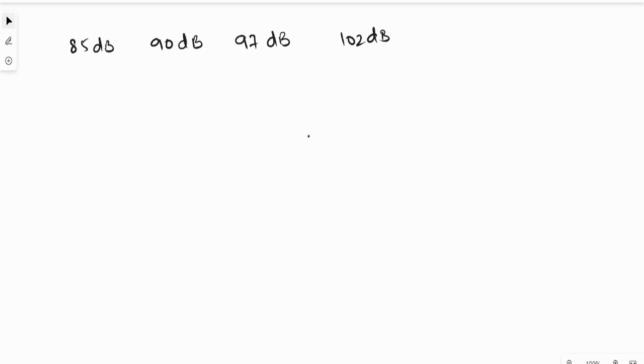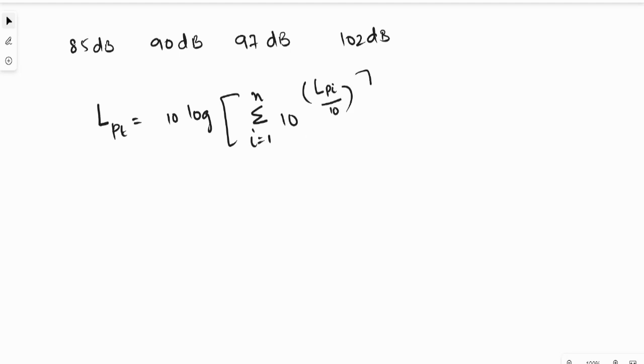That formula is L_PT, that is P total, equal to 10 log of the summation from i equal to 1 to n, however many levels there are, of 10 to the power of L_Pi divided by 10. You can get this formula from the BCSP formula sheet, or from any textbook.